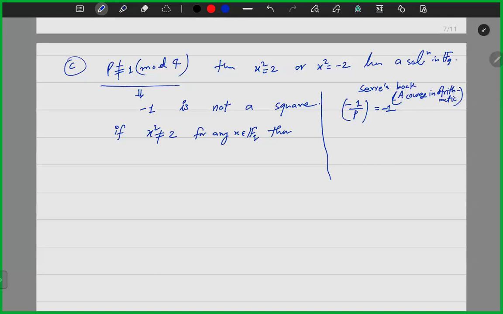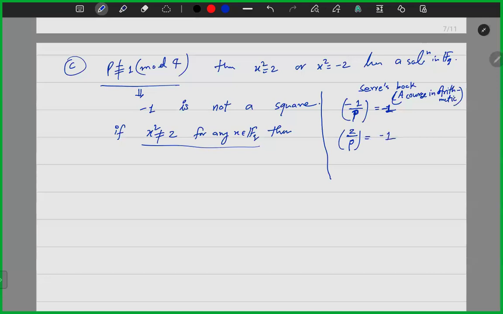Okay, on the first or second page it is given: when minus 1 is not a square in ZP, its Legendre symbol is minus 1. When 2 is also not a square, then the Legendre symbol of 2 is also minus 1.